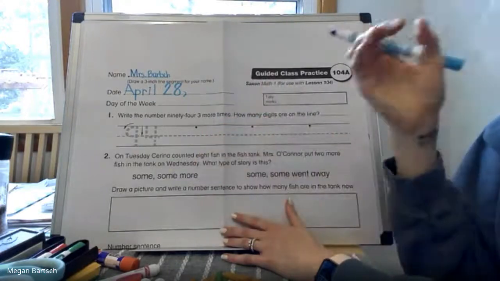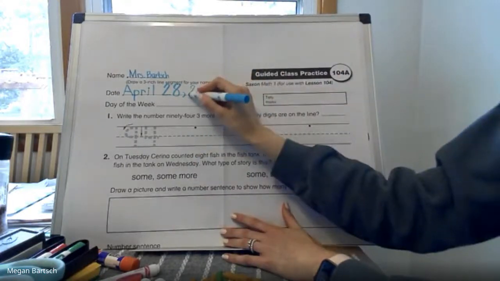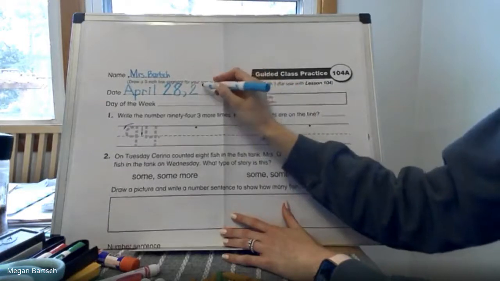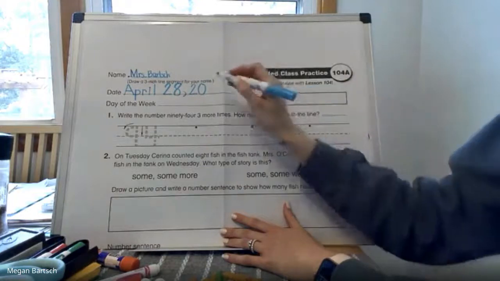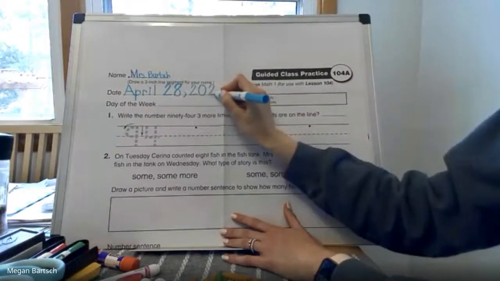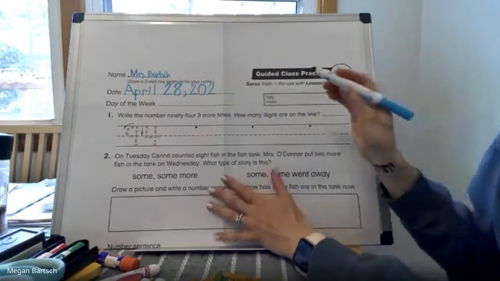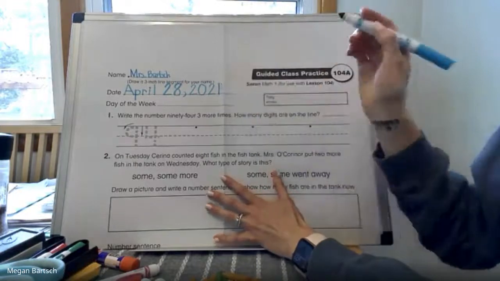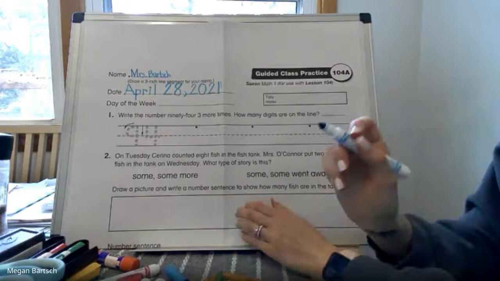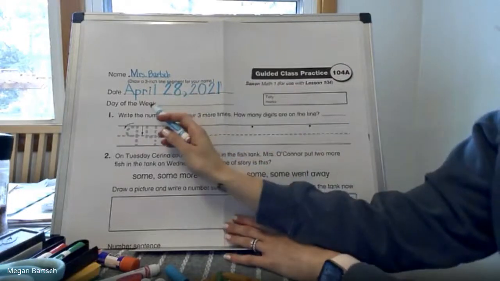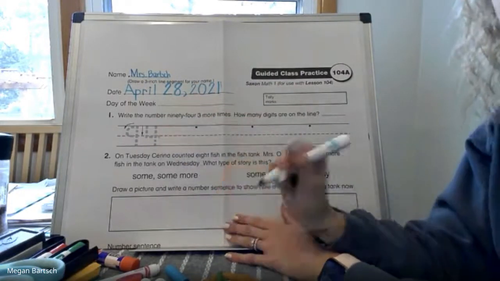So first goes a 2. And then a 0. And then a 2. And then a 1. The day of the week is Wednesday, so my turn first.